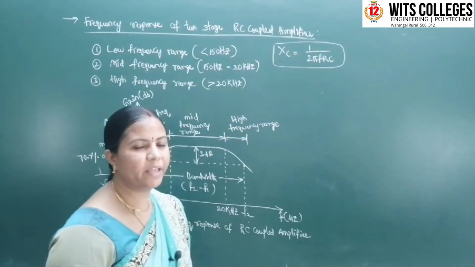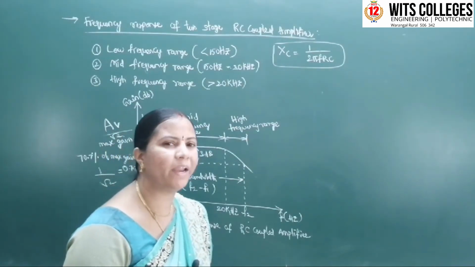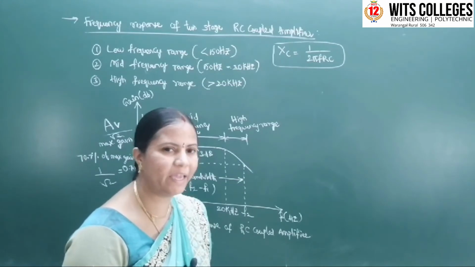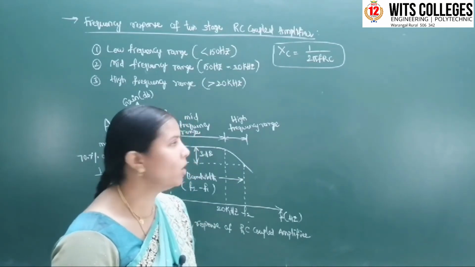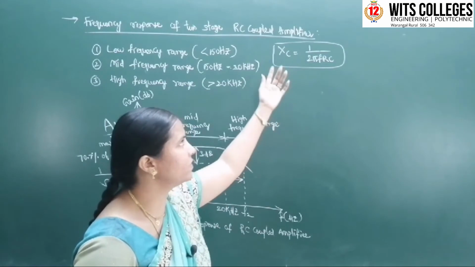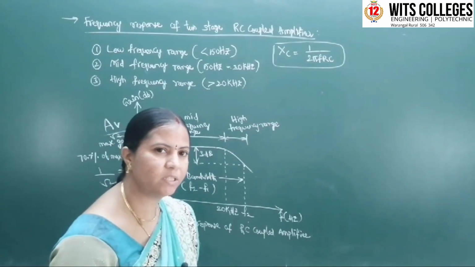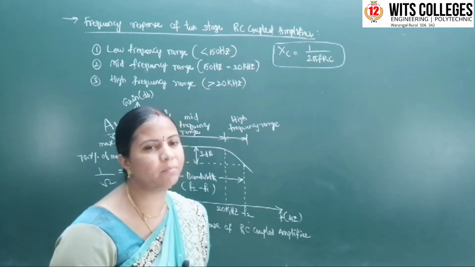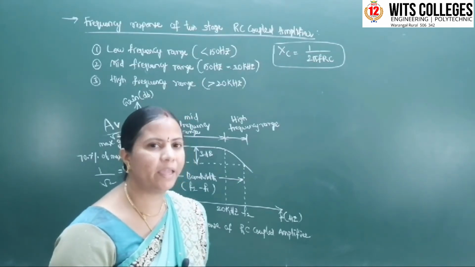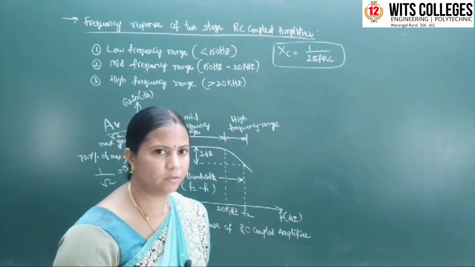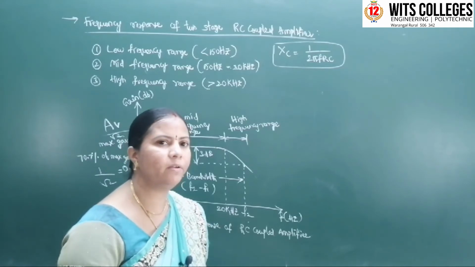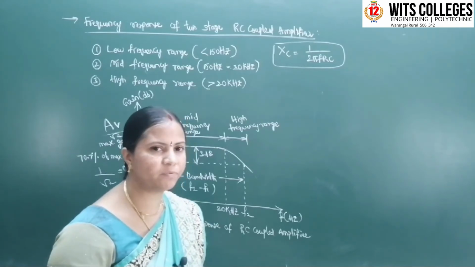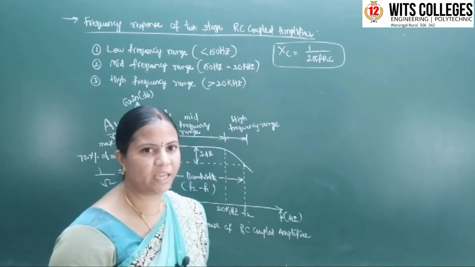The reactance of the coupling capacitor Cc will be quite high at low frequencies, because the capacitive reactance is inversely proportional to frequency. So a very small amount of signal will pass from one stage to the second stage.